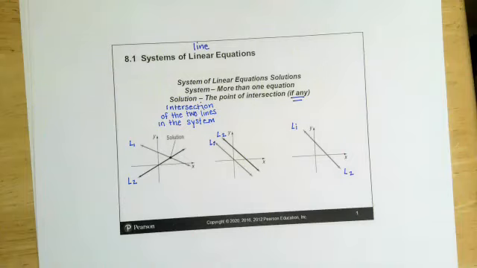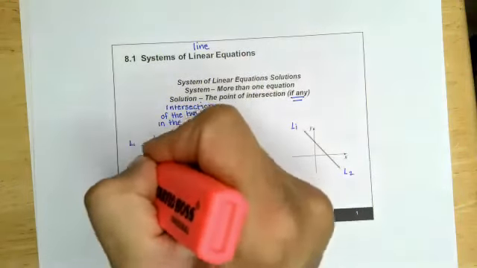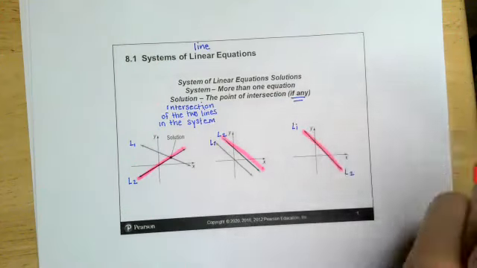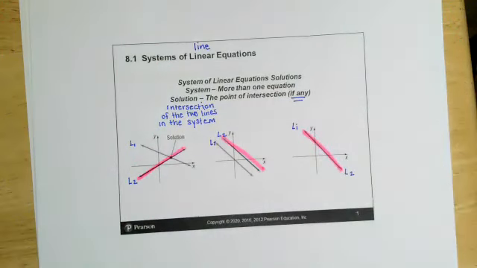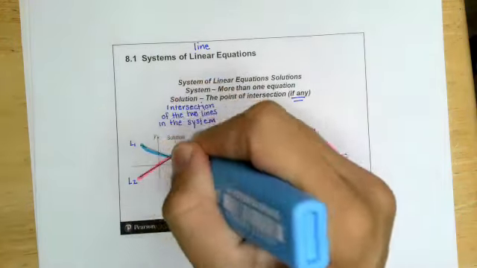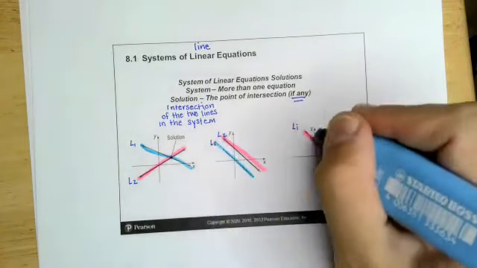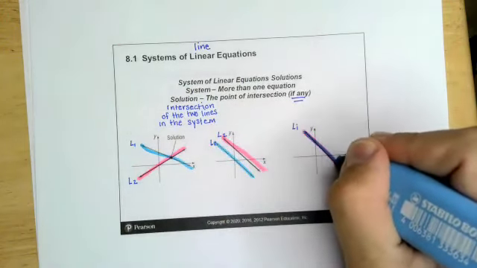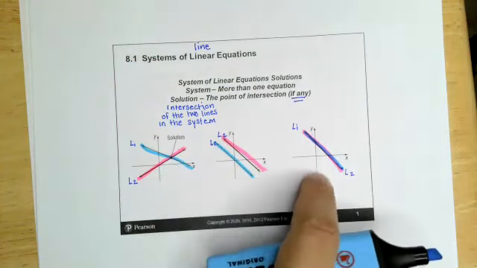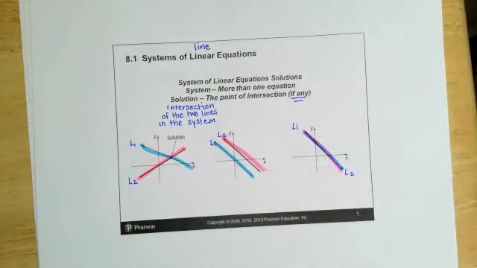L2 is that one, and then L1 is this one. So they cross once, they never cross, they're parallel, and they are on top of each other forever, or infinitely, okay?